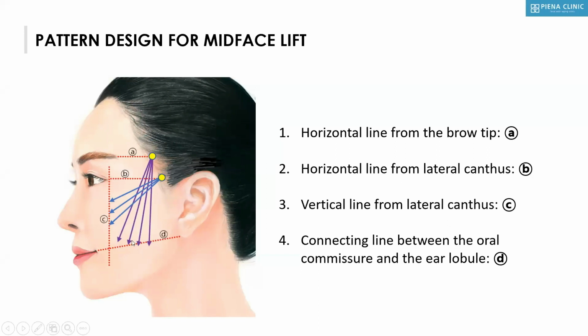Basically, it is not necessary to insert the threads beyond these two C and D lines because a sufficient lifting effect can be achieved, even if the end of the thread is not located beyond these two lines. Rather, if you put the thread too far from the entry point up to this area, you may see some bulging of thread because there is a lot of muscular movement for facial expressions.